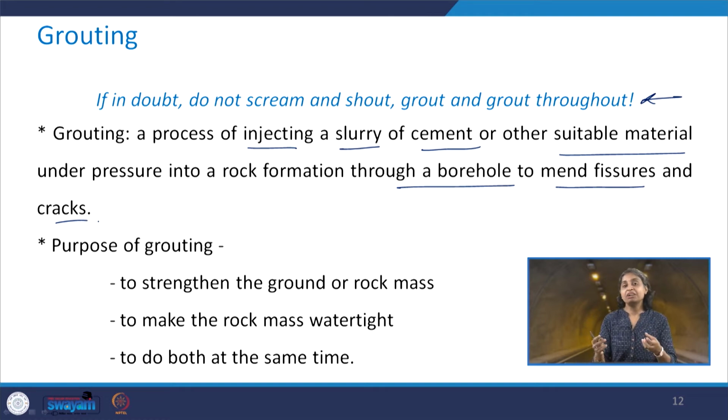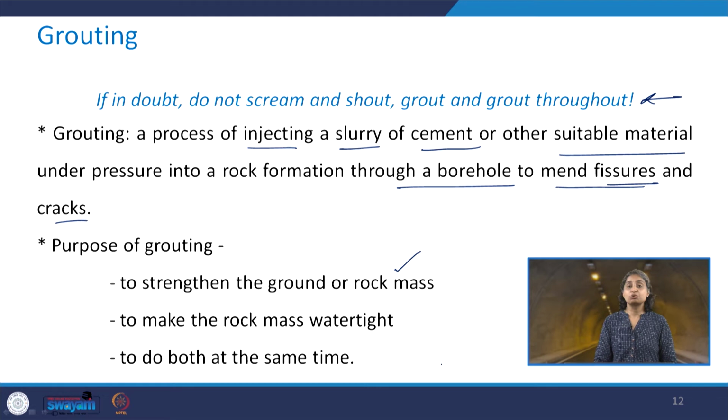What will happen when we inject this slurry under pressure? It will go into the fissures and the cracks depending upon the permeability of that rock mass, and then it sets in those fissures and cracks, and thereby it strengthens the ground or the rock mass. So this is one of the purposes of grouting: to strengthen the ground or the rock mass.